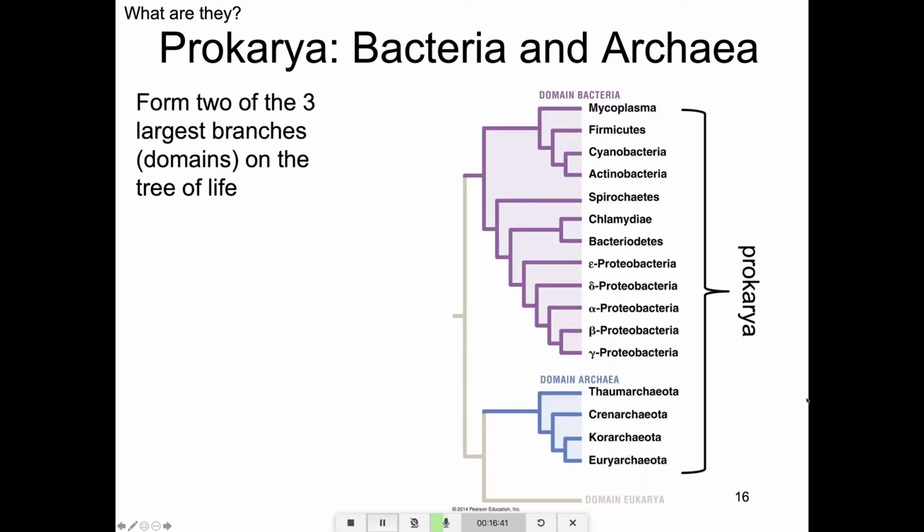This phylogenetic tree on the right represents the two domains, bacteria and archaea. You can see the domain Eukarya down here at the bottom in gray. And you can see that within these two major groups, we've got several different kingdoms that represent the bacteria and the archaea.